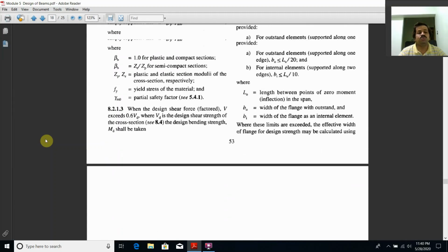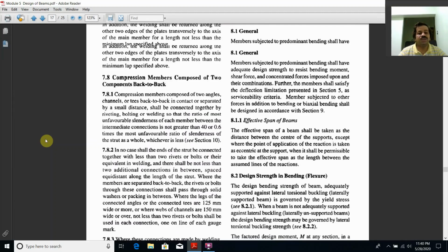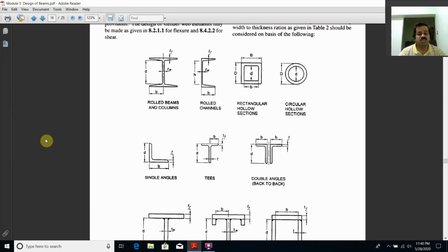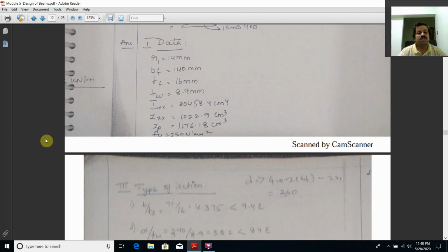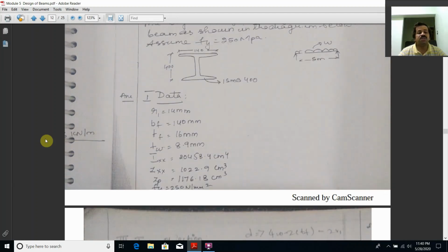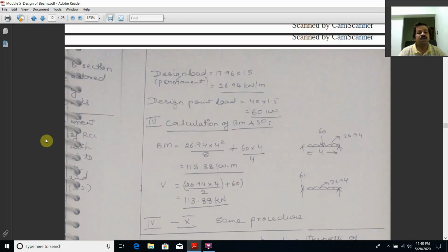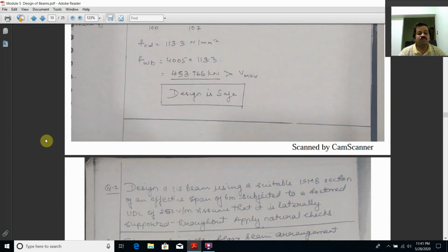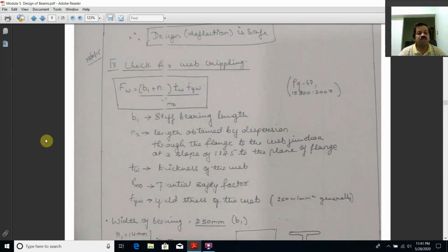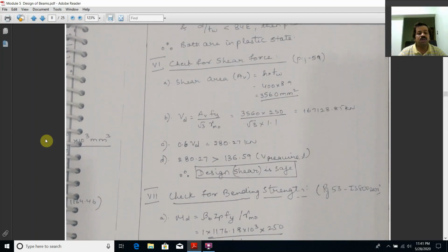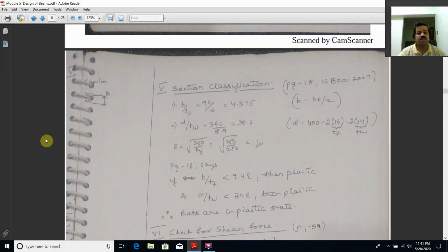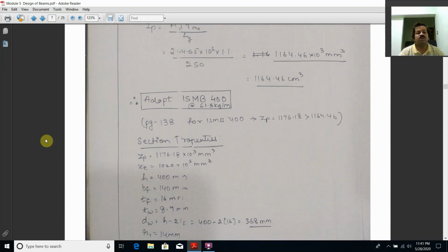Once you have taken a suitable section, write down all the properties of the section, that is the depth of the web, breadth of the flange, thickness of the flange, as well as thickness of the web, all that. All this information we are going to refer from the steel table, or SP6. So here, referring to page 138, the suitable section taken is ISMB 400, 61.5 kg per meter.